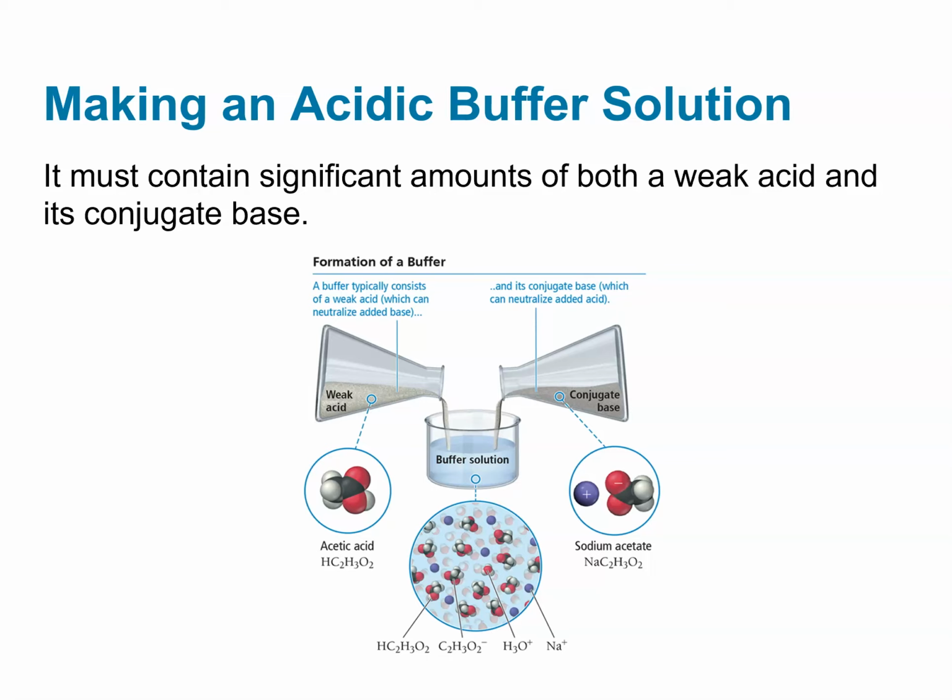So let's take a look at this classic example where we have acetic acid, which is our Erlenmeyer on the left, and that's our weak acid. Acetic acid is our primary acidic component of vinegar. It has a single acidic proton right over here.